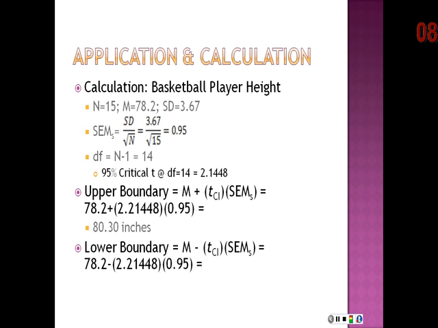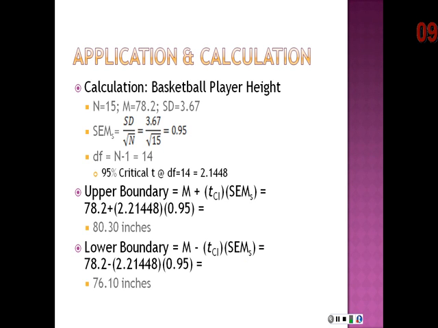Now, the lower boundary, we have the same equation, right? So we have M minus the critical t times the standard error of the mean for the sample. And so again, we can just plug these numbers in. And here we get a lower boundary of 76.10 inches.